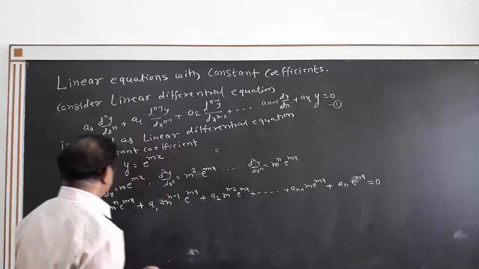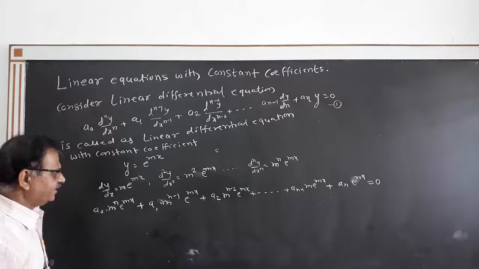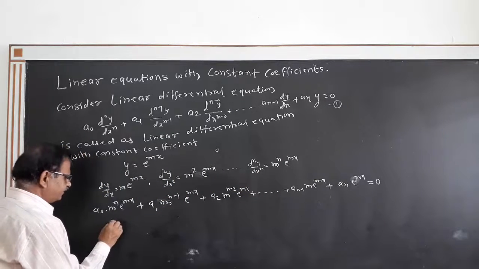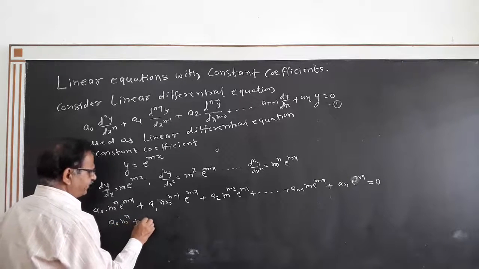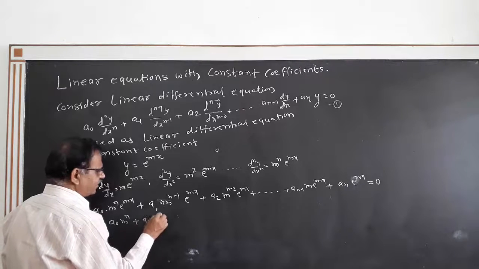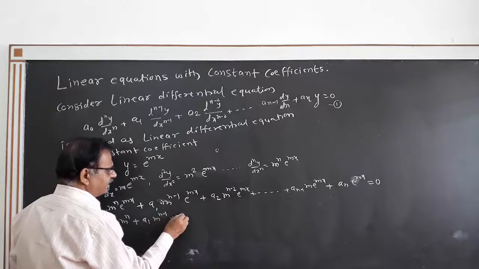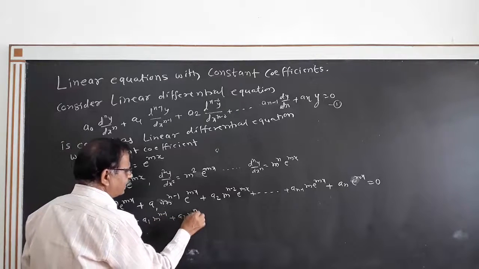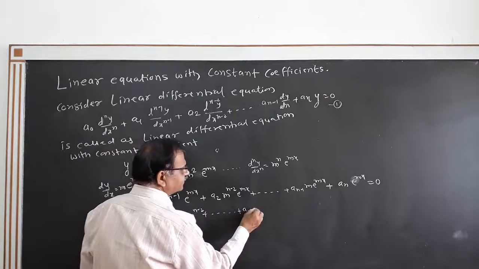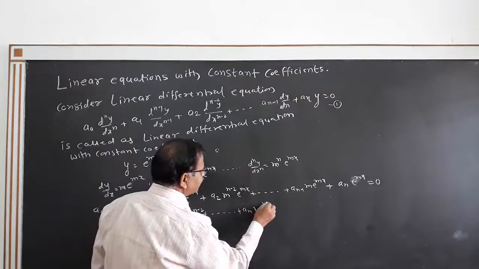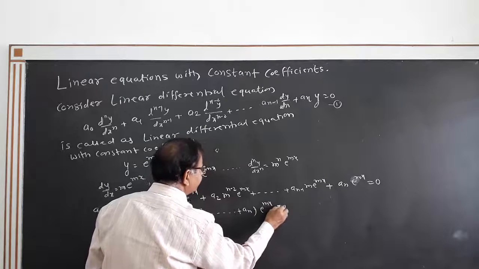From this equation, I can take e raised to mx common and I will get a0 m raised to n plus a1 m raised to n minus 1 plus a2 m raised to n minus 2 plus so on an into e raised to mx equal to 0.